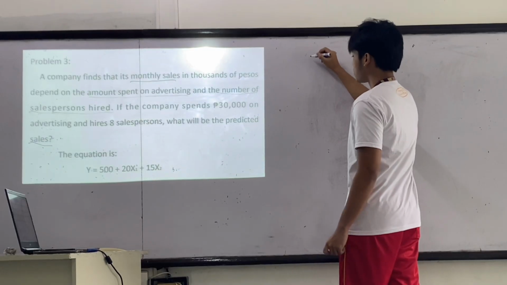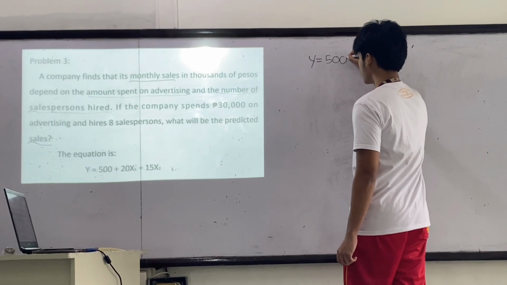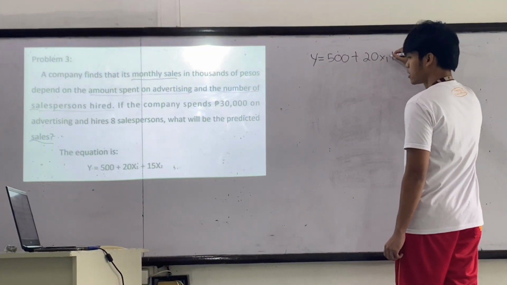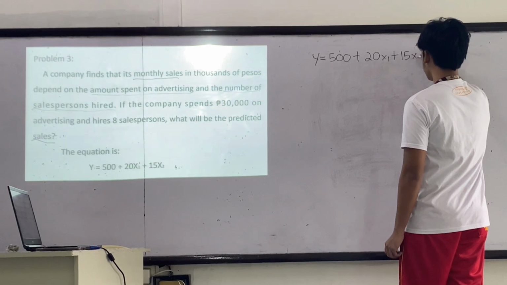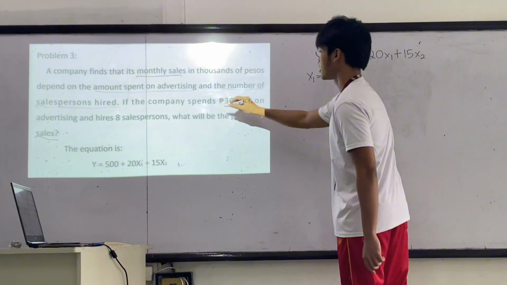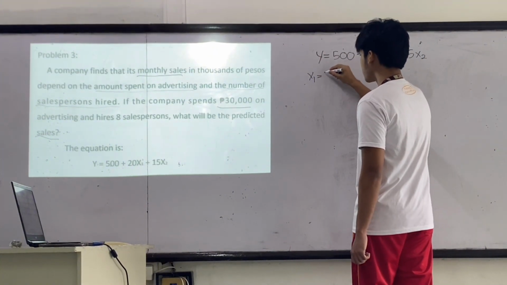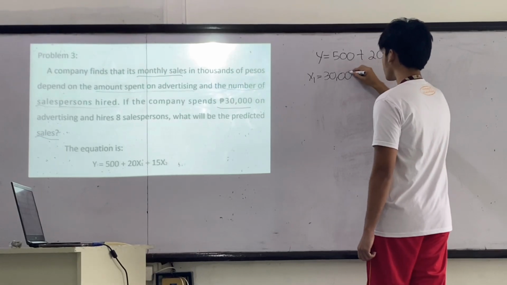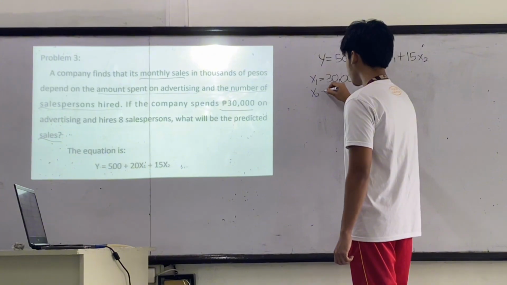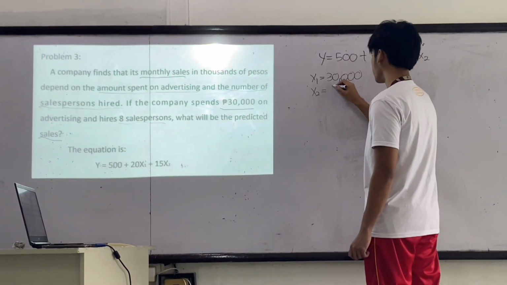So we will now proceed to the solving part. So y equals 500 plus 20x sub 1 plus 15x sub 2. The first independent variable is 30,000, the amount the company spent on advertising. And the second independent variable is the salespersons hired, which will be 8 salespersons.